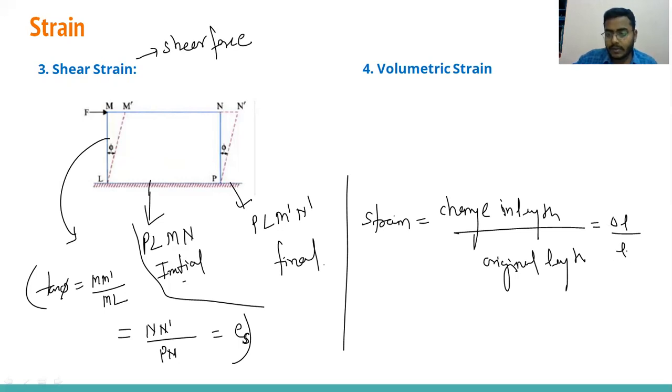So both are in the same unit and this quantity will be unitless. A strain has no units. It does not carry any units. So we can measure the shear strain by measuring the angle.